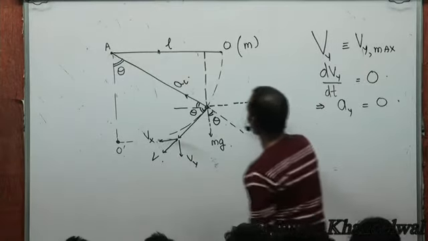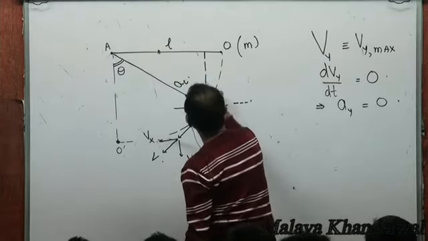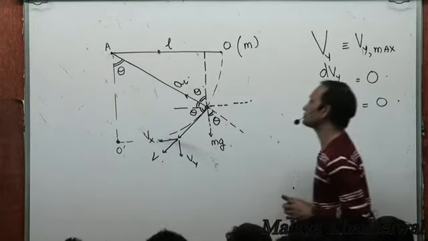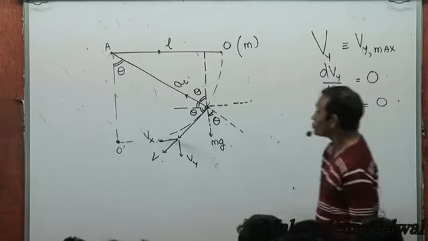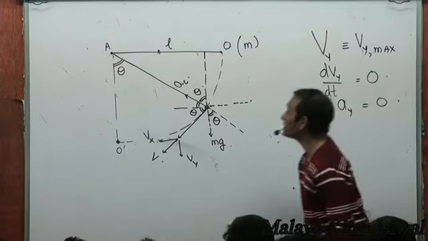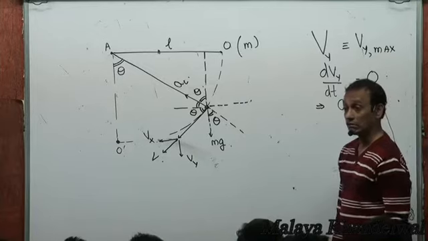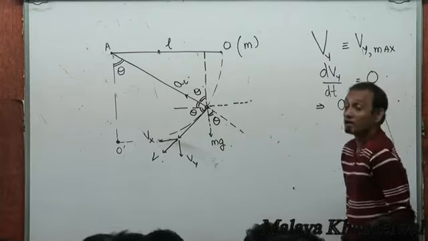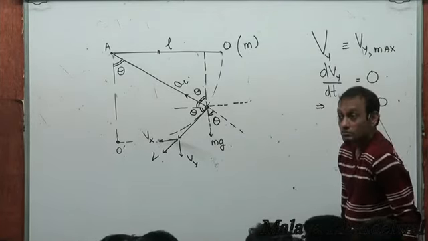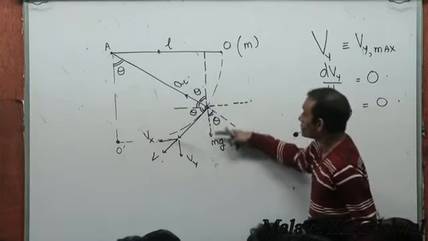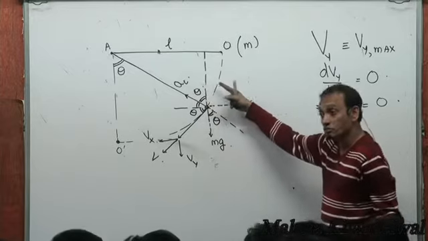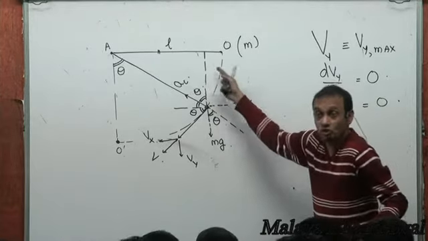Right? This must be theta. So, what is the net vertical acceleration? mg minus ac cos theta. Sorry, g minus ac cos theta, right? g minus ac cos theta.